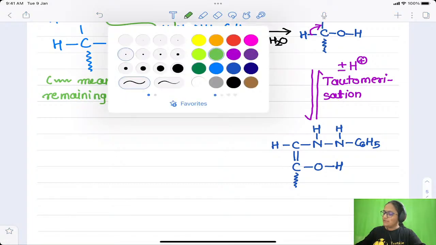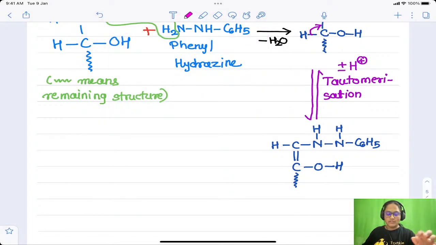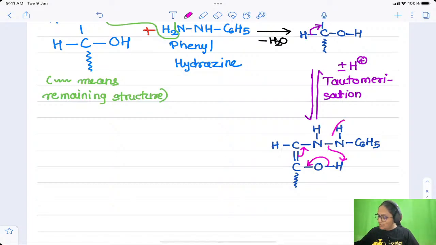So what happens after this? Again the transfer of hydrogen takes place. How? This bond gets shifted here, then this hydrogen will be taken by this nitrogen, and this bond gets shifted here. So after this what happens? This is going to detach from the molecule. What is going to detach? Can you see?